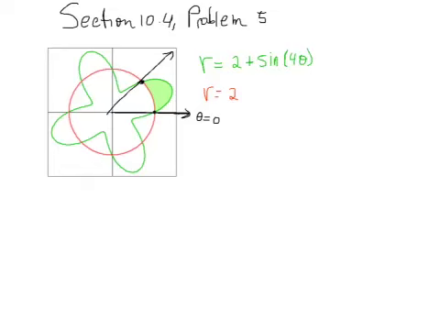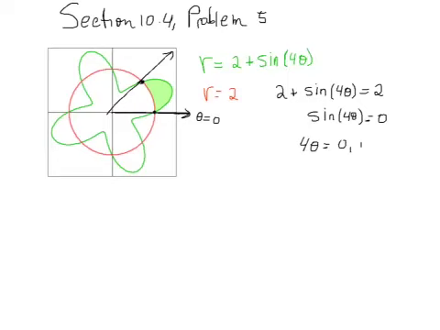So I do that by setting the two equations equal to each other. So sine of 4 theta has to be 0. So what angles have sine equal to 0? Well, multiples of pi, right?